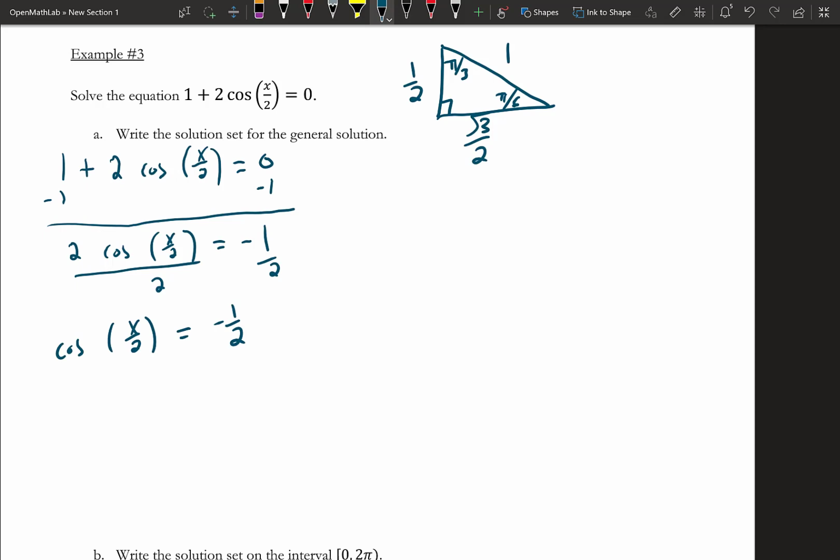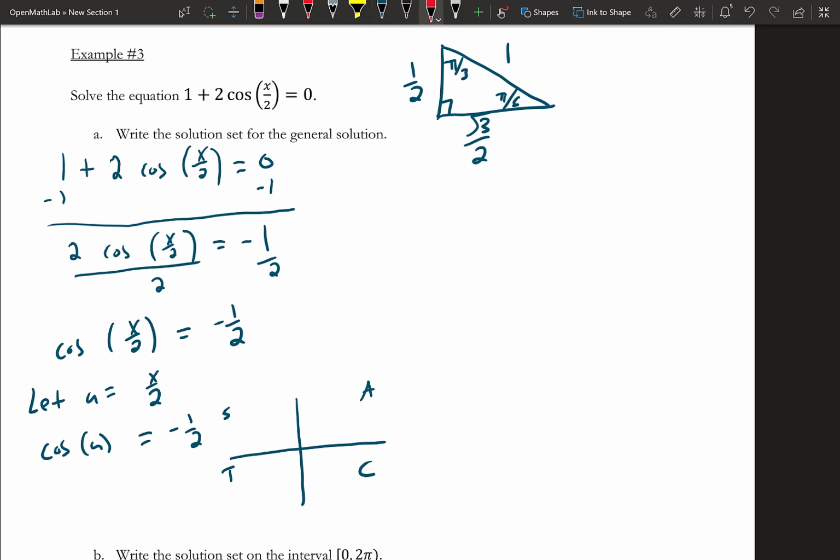So that would deal with the angle pi over 3, right? So if I let u equal x over 2, then what we'd be solving for is when is cosine of u equal to negative 1/2, right? So if I draw my xy system, all students take calculus.